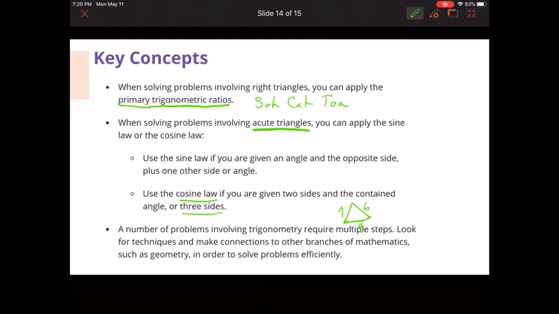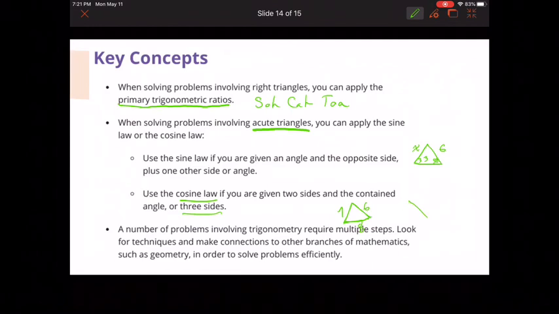The only time you can use sine law is if you have two opposites. So you've got an opposite pair, and then you've got the opposite of what you're trying to find. So they give you the side and you're trying to find the angle, or they give you the angle and you're trying to find the side. You have to have one opposite pair.